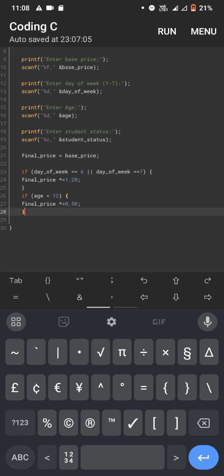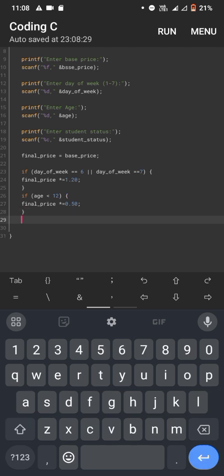So age-based discount: if the person is under 12 years old, they get a 50% discount. The price is multiplied by 0.50, so that's why the final price is multiplied by 0.50 if age is under 12.